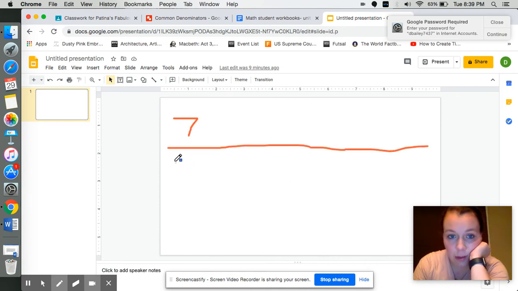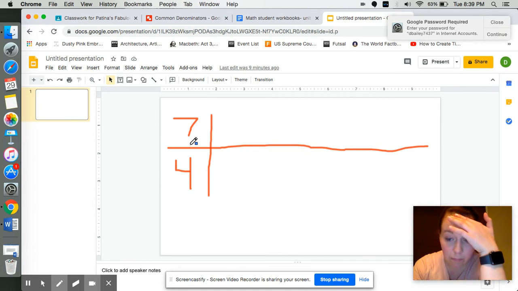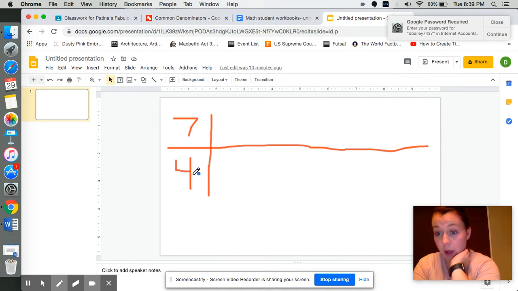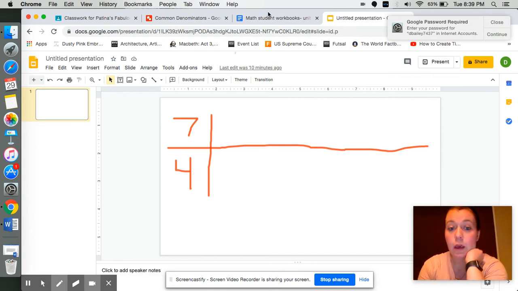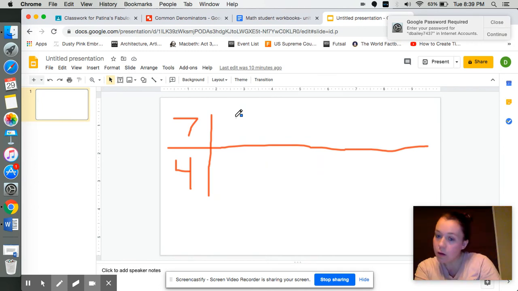I'm trying to do this kind of quick. I'm not fast with drawing on Google Drawings. Okay. So I've got 7 as my first denominator, 4 is my second. So now I'm going to try and figure out my common denominator. So I'm going to start counting by 7s. Well, dang it, I don't know my 7s facts. I really do, everyone. But I'm going to pretend I'm a 5th grader that does not know my 7s facts.